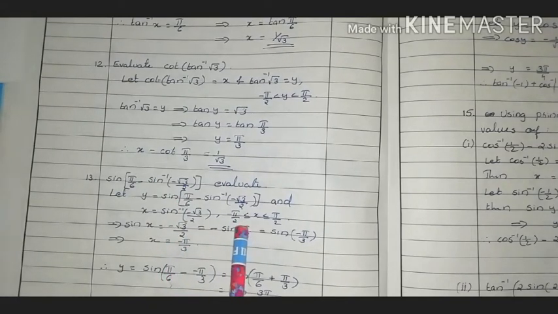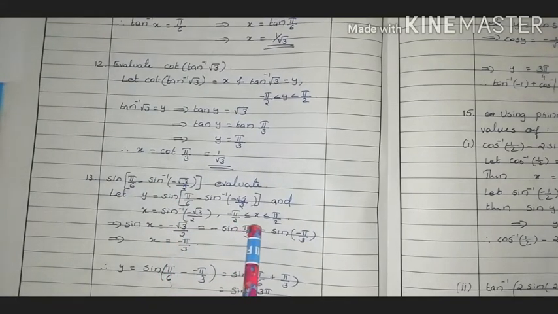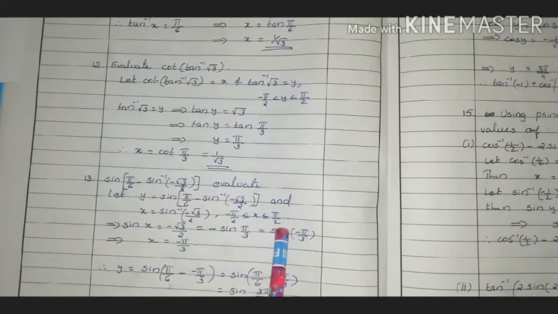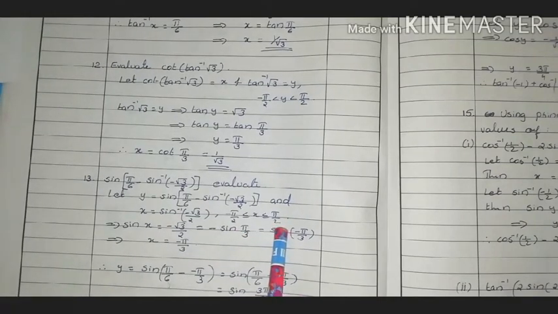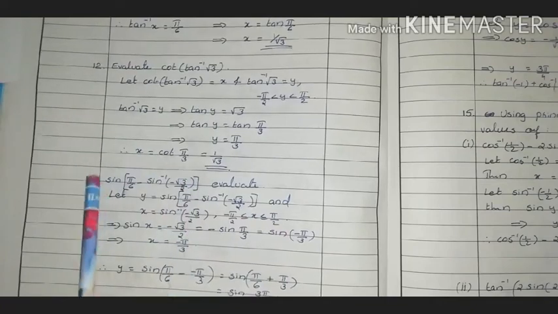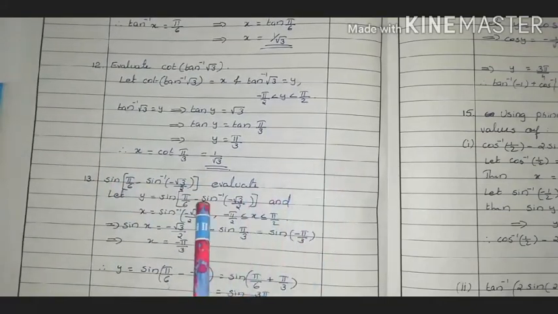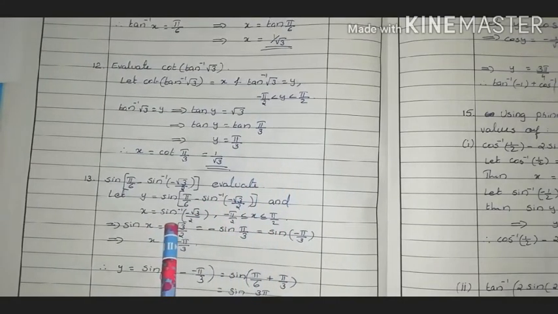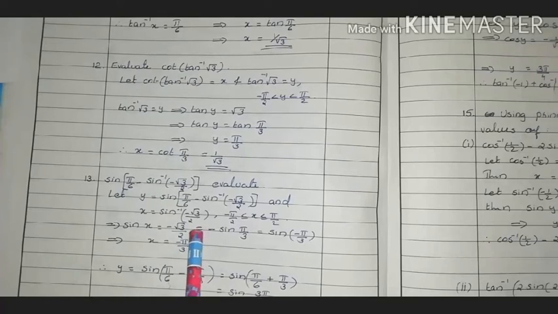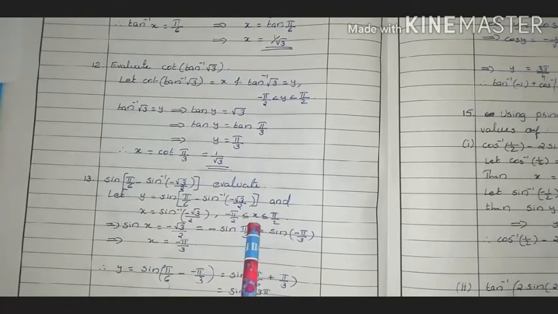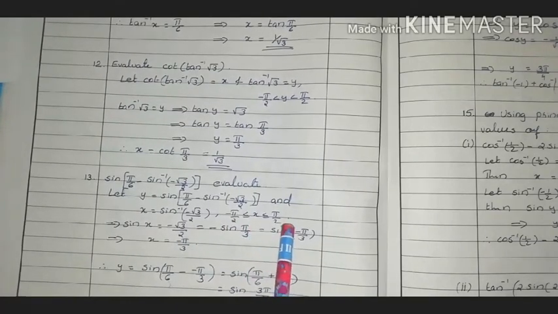Principal values: minus pi by 2 less than or equal to x less than or equal to pi by 2. And the given question itself we can consider as y. Okay, that we can see later. Then x is equal to sin inverse minus root 3 by 2, with minus pi by 2 less than or equal to x less than or equal to pi by 2.